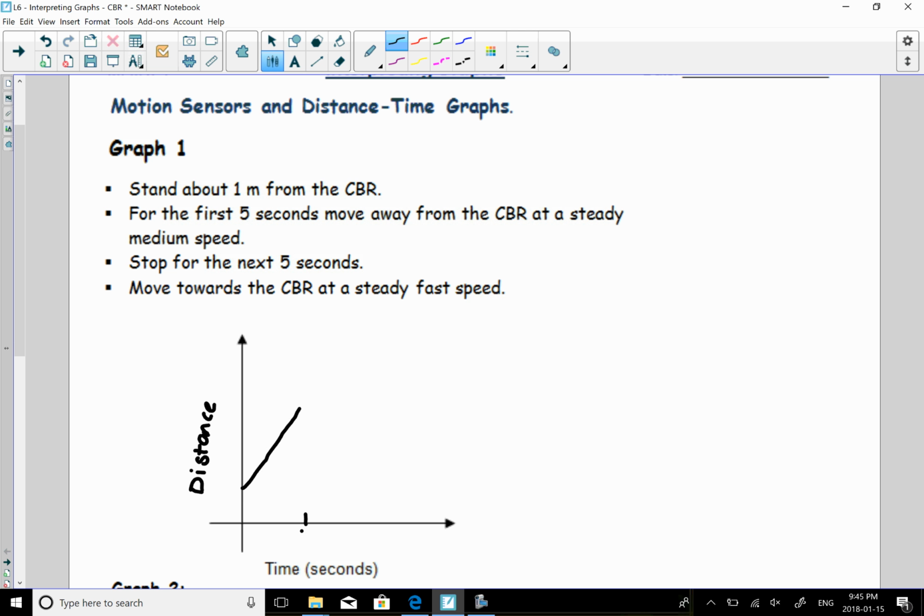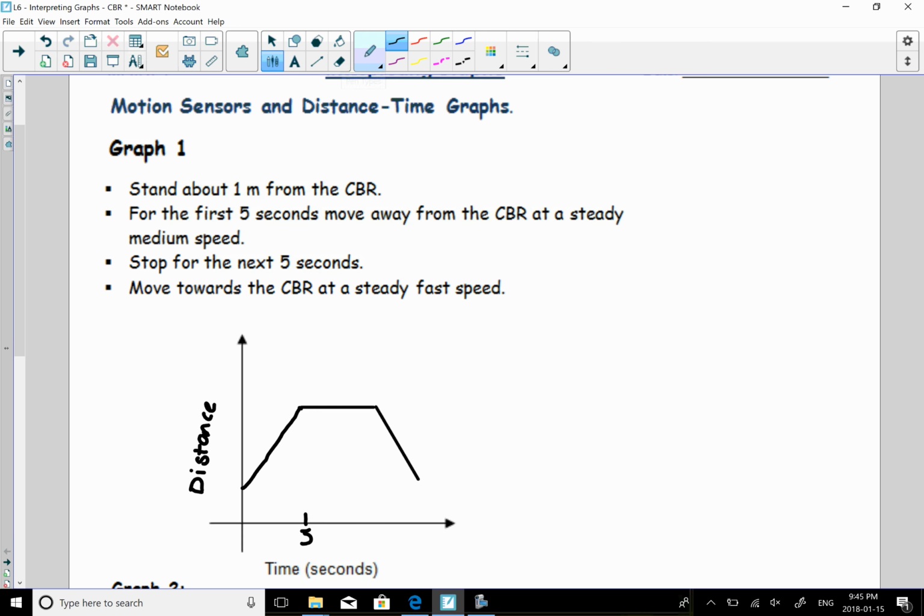So that's 5 seconds. Then I stopped for 5 seconds. That's got to be a straight line because I didn't go anywhere, so my distance won't change. It stays the same for a whole 5 seconds. And then at a steady rate, I come back.